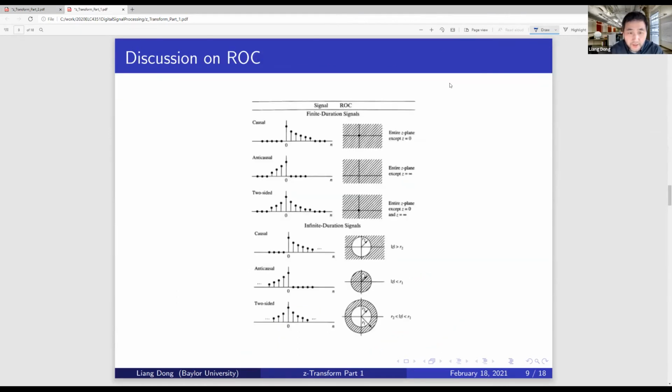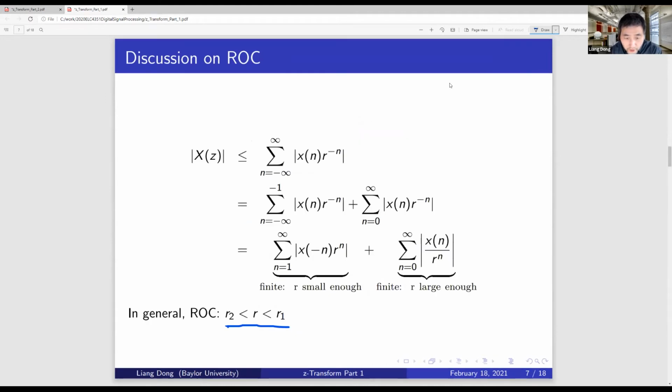Either way, if I have a causal signal, then you have to be in the exterior of a circle of radius R2. If I'm checking the stability, remember last time, right? Checking the stability, I'm only looking at this sum from 0 to infinity, as if I'm looking at the second term here.